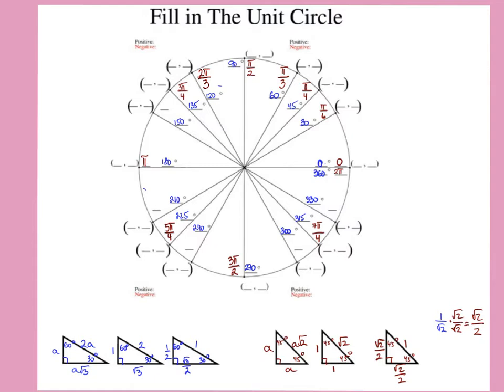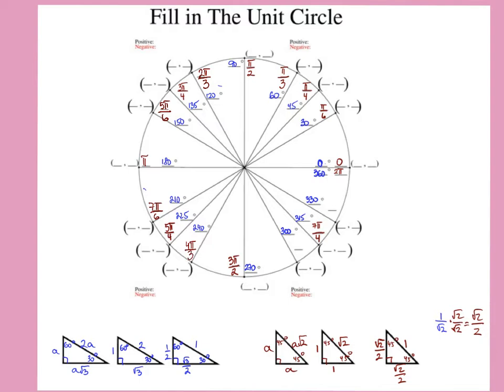And then here on this one, we are going to have 5 pi over 6. And then pi is 6 pi over 6, which is just pi. So then here we'll have 7 pi over 6. Then here is 8 pi over 6, which is 4 pi over 3.